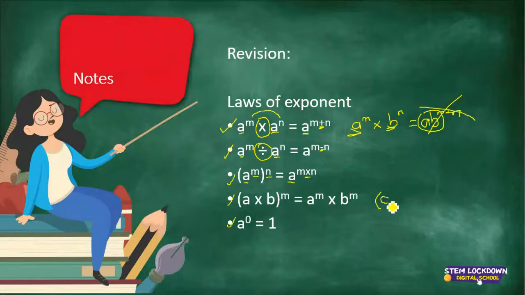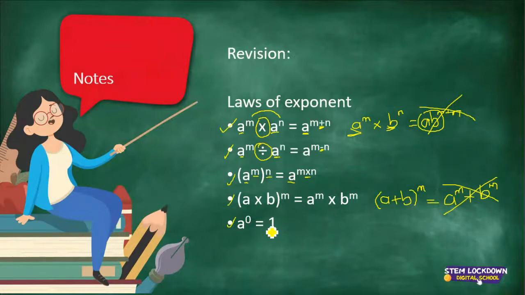If you have a plus b, all to the power m, you are not allowed to say it's a to the power m plus b to the power m. The answer will be incorrect. And any number raised to the power 0, your answer will be 1. If you remember that, everything will go fine in today's lesson.